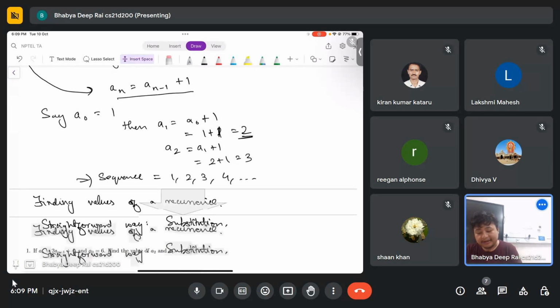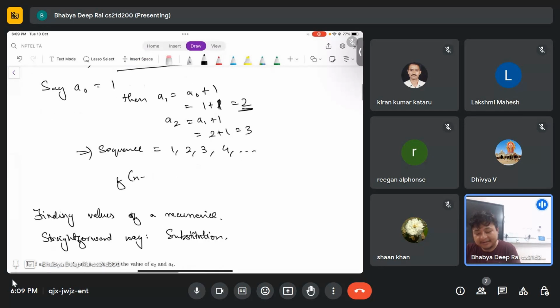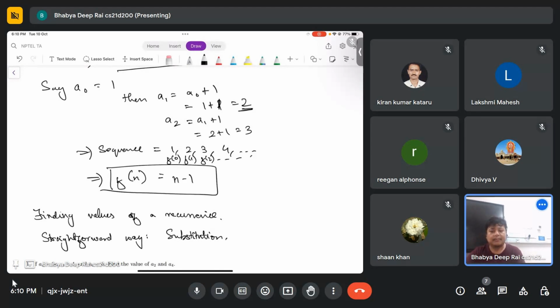Or, in other words, the function f(n), where this is f(0), f(1), f(2), and so on, right? f(n) could have been written simply as n plus 1. I hope you see it, right?